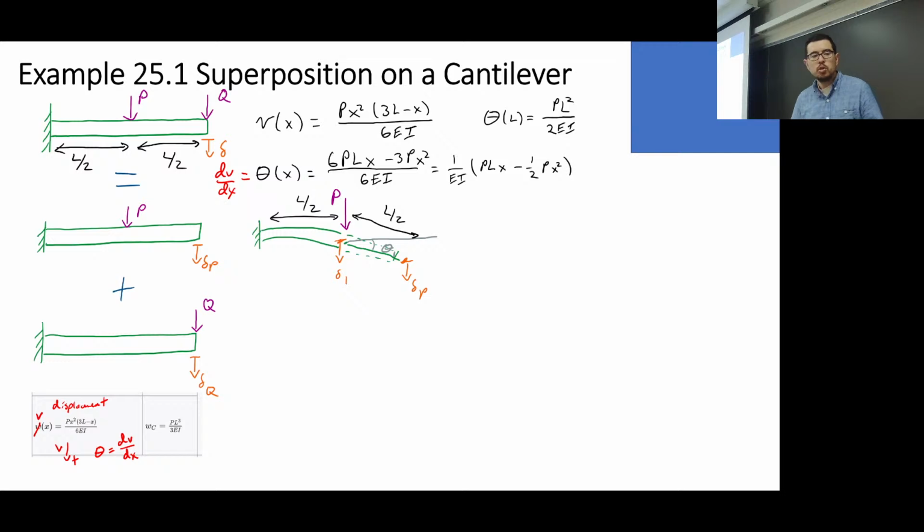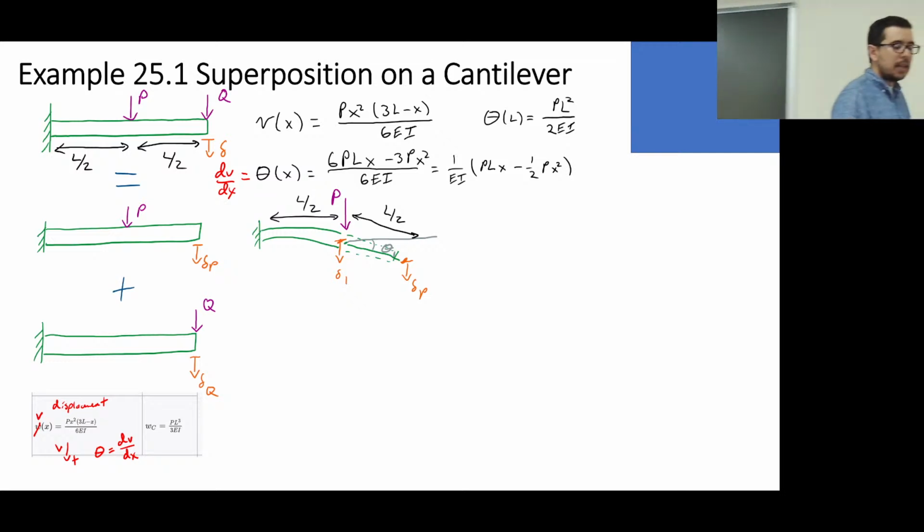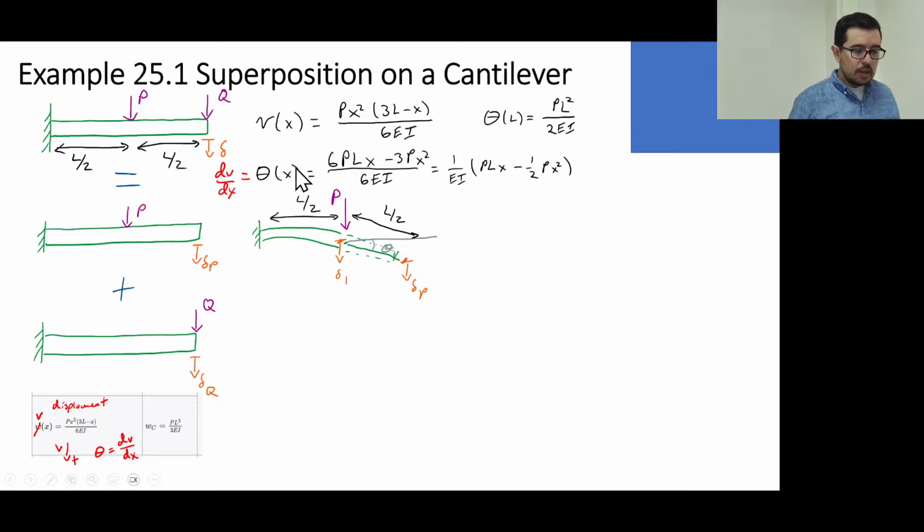Okay, so that's what we have here. This v of x is just copied from here, and this can be used in this expression to figure out what theta is.